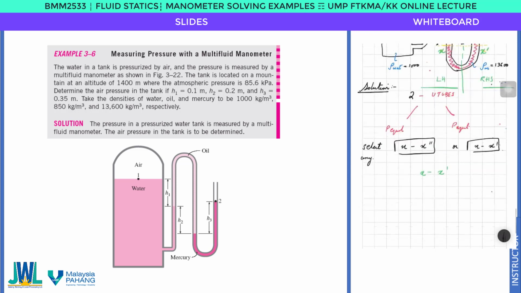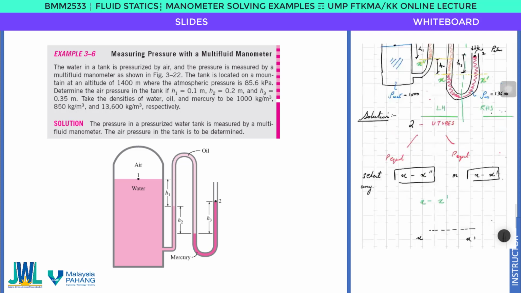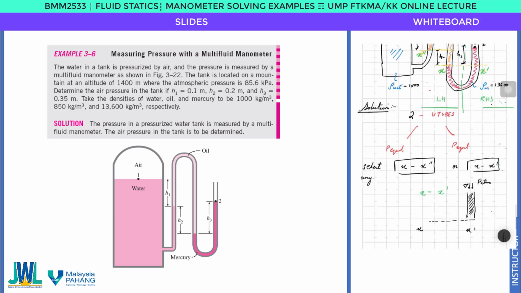So on the right hand side, this is x and this is x dash. On the right hand side, I only have the mercury fluid and the atmospheric pressure. I've got atmospheric pressure which is acting, and this mercury column which has a height h3.